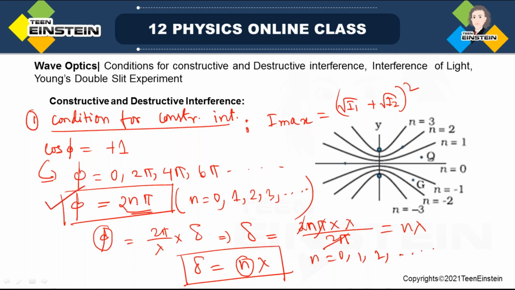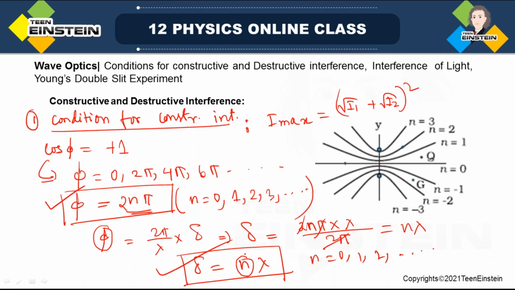One with respect to phase difference, that is phi is equal to 2 pi n, and another with respect to path difference, which is written as delta is equal to n lambda. N is an integer in both cases, 0, 1, 2. It can go from 0 to any number.